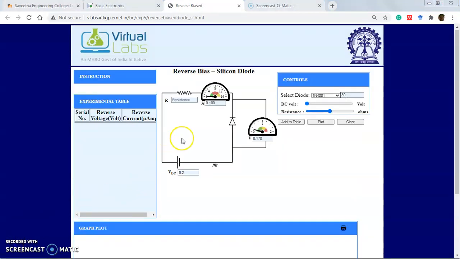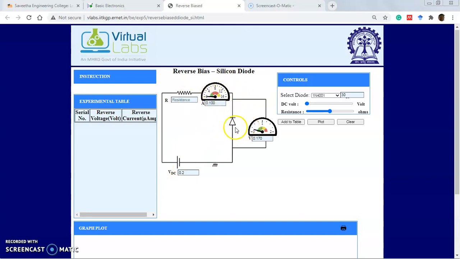Now we are going to learn about reverse bias, simulation lab, virtual lab. In this reverse bias, the diode polarity will be changed. Positive is connected to the negative, and negative is connected to the positive. On the left-hand side, the ammeter is connected here, and the resistance also.